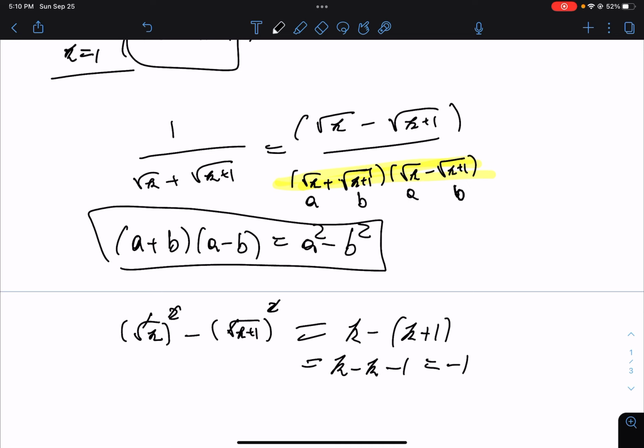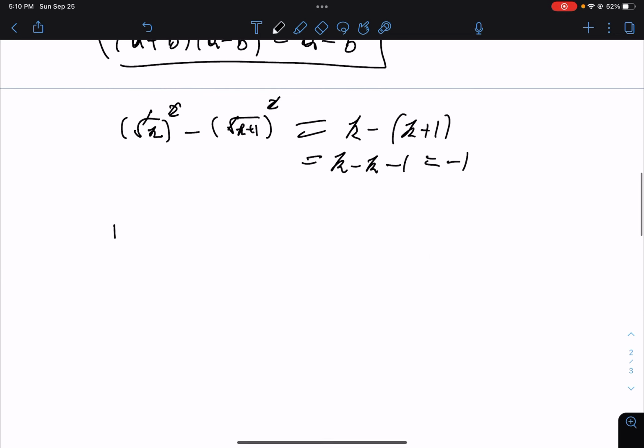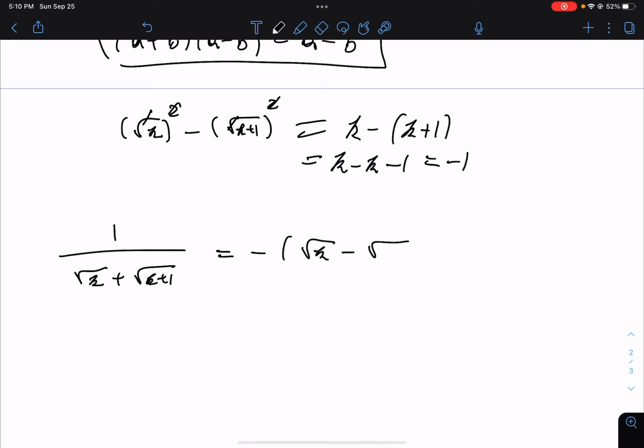This means that this is simply equal to minus square root of k, which gives us minus square root of k plus square root of k plus 1, which is much more digestible. So we can rewrite our summation as this.